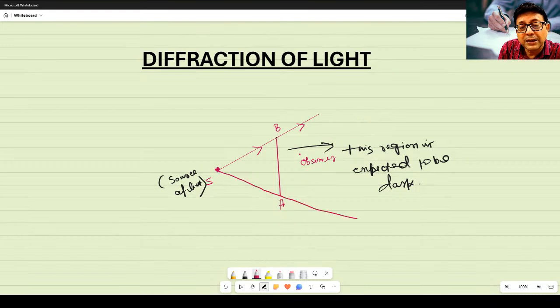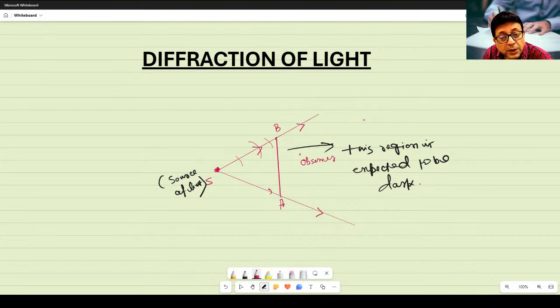But light will bend here. The wavelet, the wavefront, it sends in the forward direction. A portion of that wavefront will enter the geometrical shadow portion.